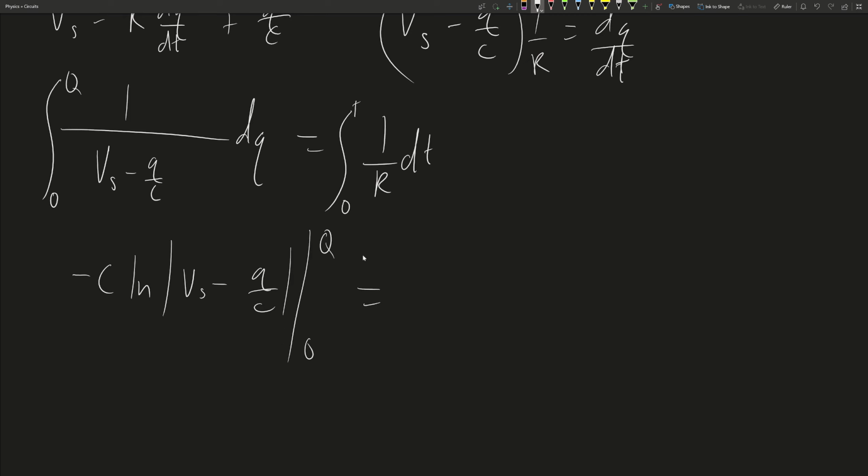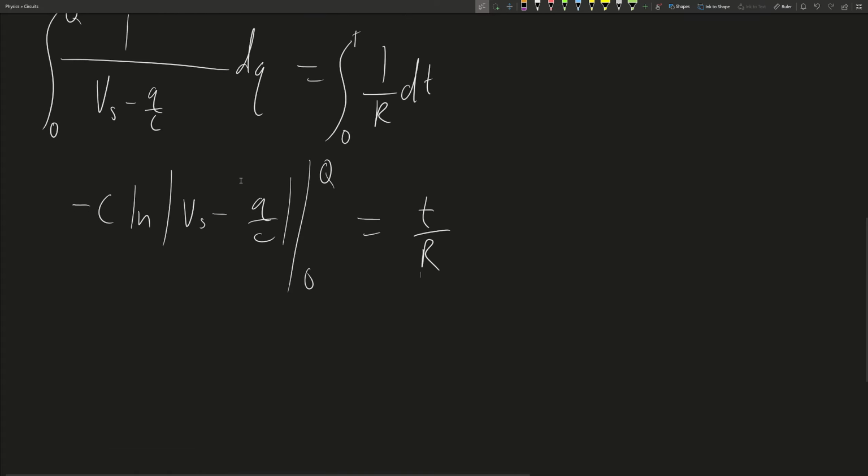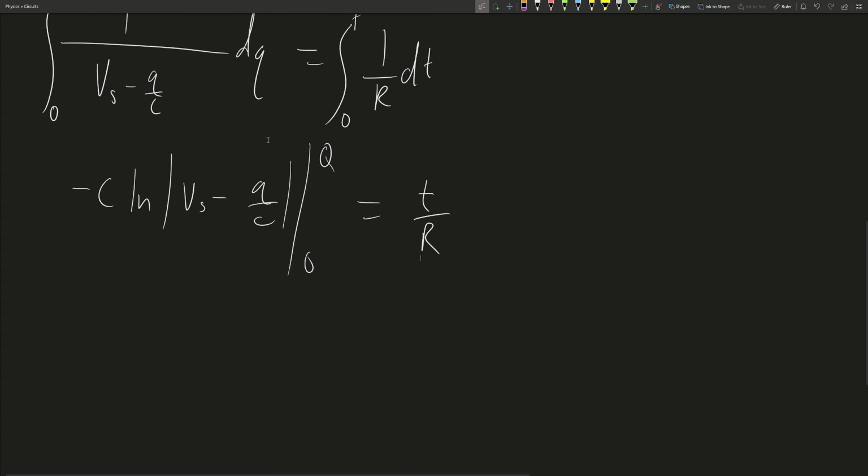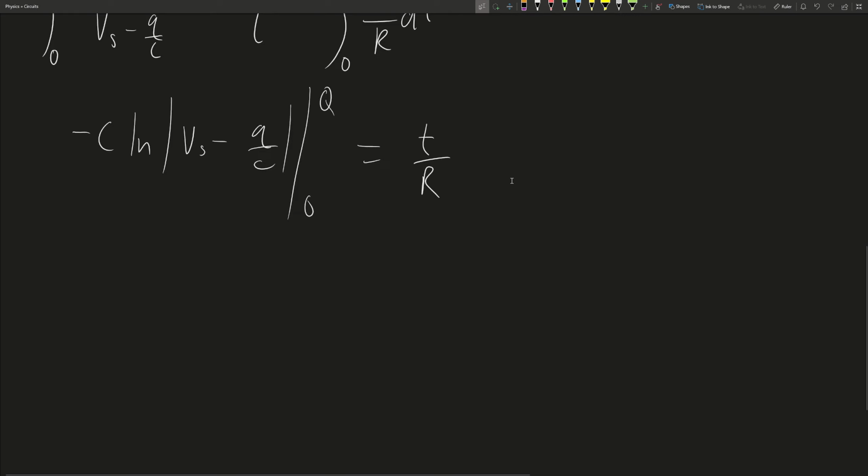And this is equal to, and we're bending the rules a little bit with these variables, but it works out the same, T over R evaluated from 0 to T, which is just T over R. So now, evaluating this left-hand side, first I'm going to move the negative C over.